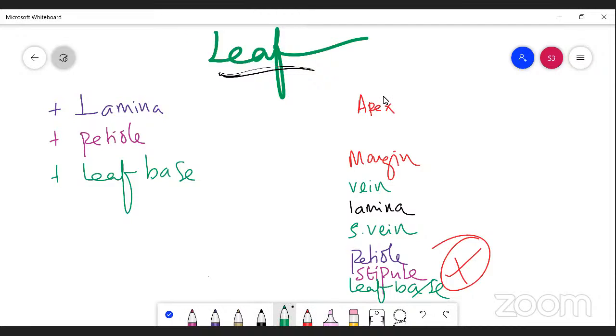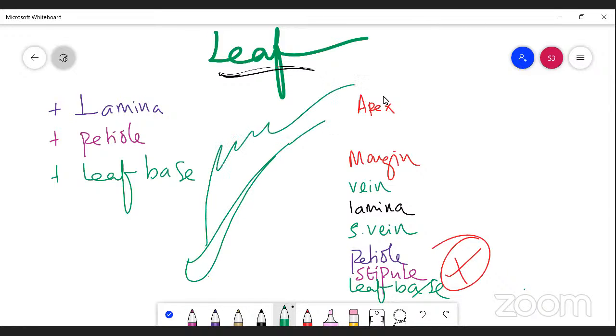Now, this is a leaf, my dear students. Diagrammatically, I'd like to mention, this is a leaf. This kind of structure you will see.